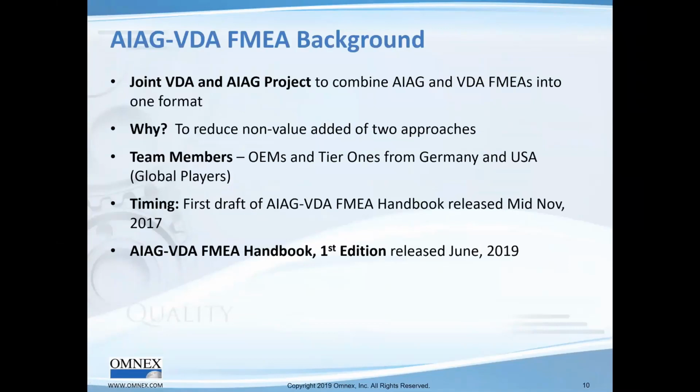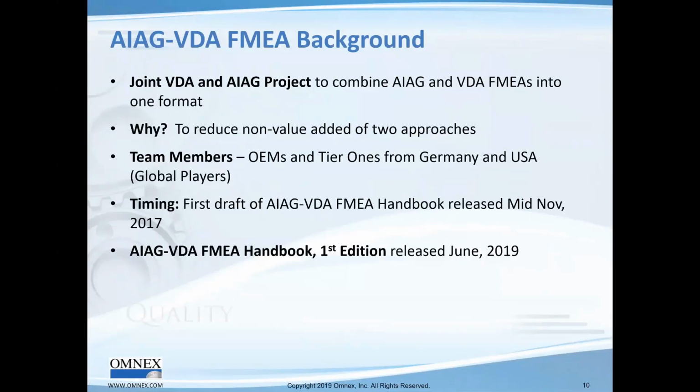All right, let's go right to the background here. The reason AIAG VDA FMEA came into being is that there were two competing standards in the world. Really, the American standard, the AIAG 4th edition, and the VDA FMEA from the Germans. So especially if you're in the automotive industry, you had two competing FMEA formats for the same products.